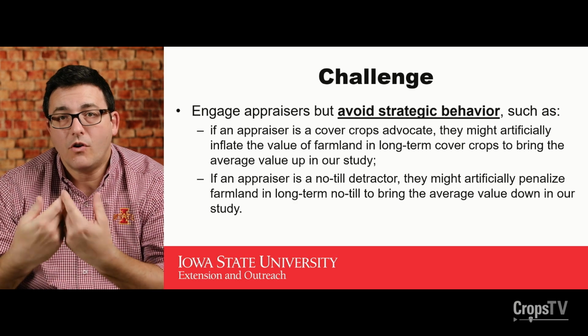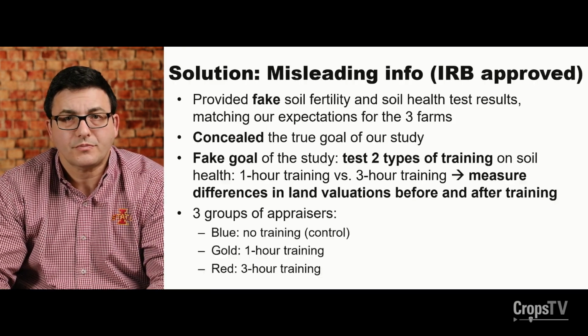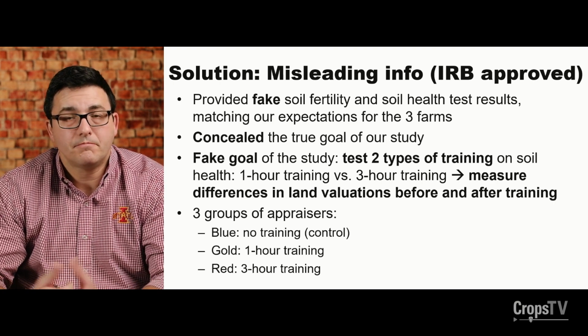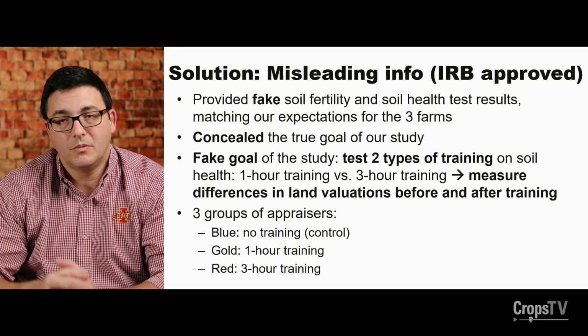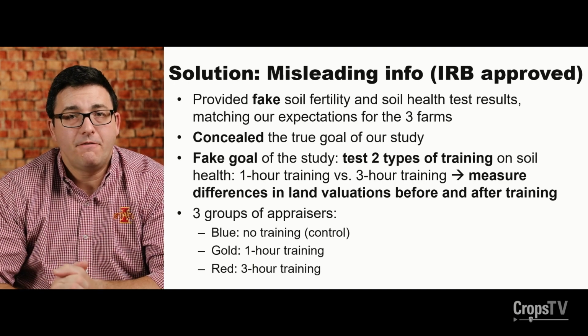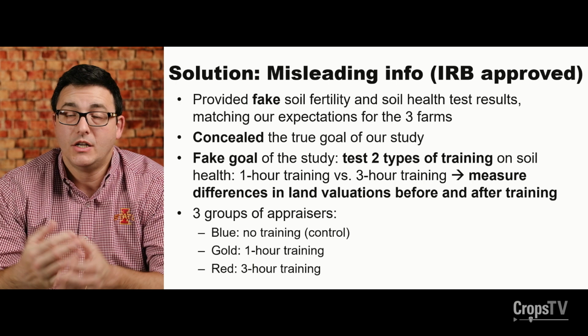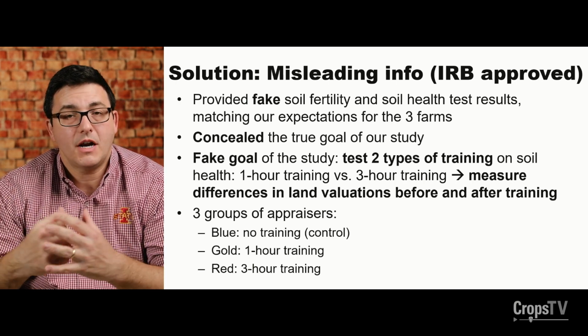So in order to avoid that kind of strategic behavior by the appraisers, we decided to use misleading information. And this is all human resources board approved. We provided fake soil fertility and soil health test results to the appraisers for 3 different farms in our study.